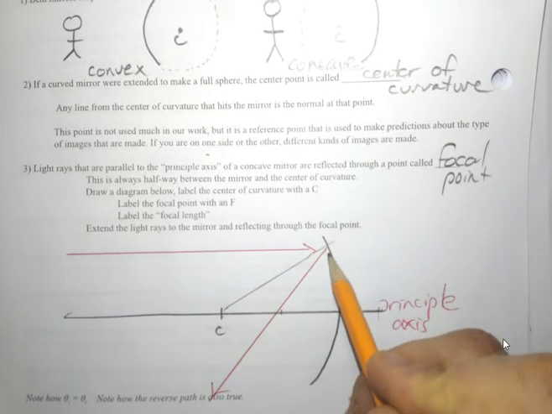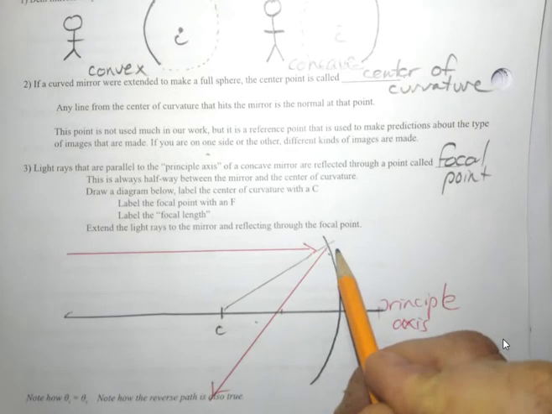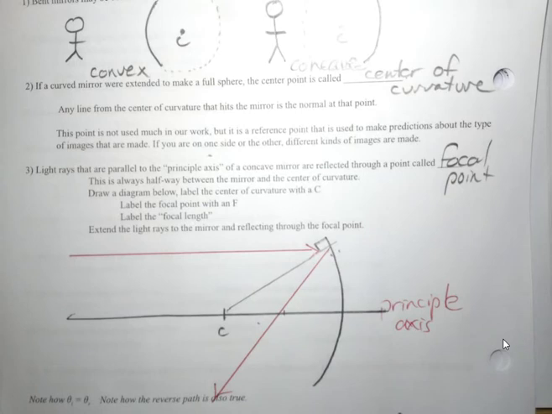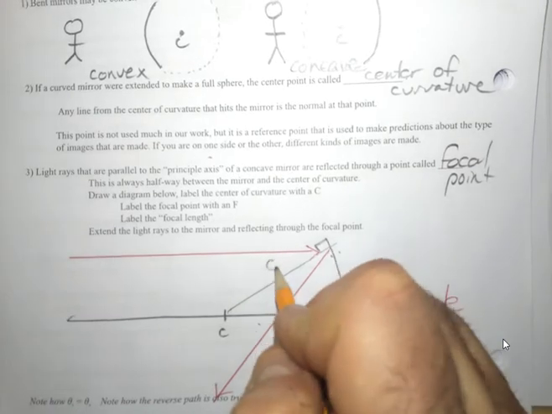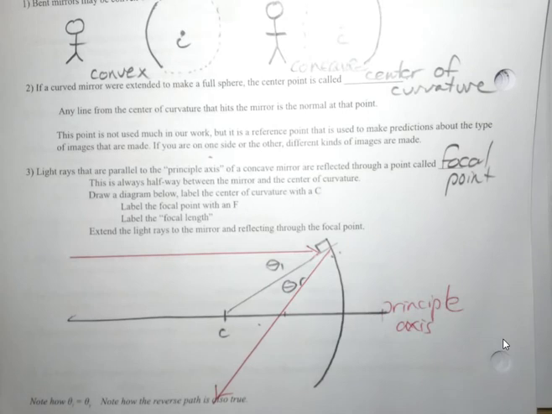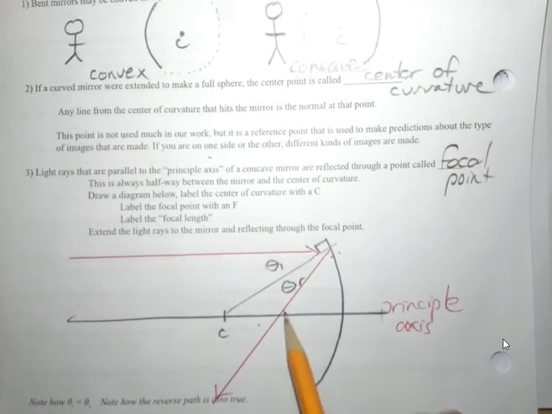What do we call a line that goes from the center of the circle to the circle itself? Radius. The radius is always perpendicular to the surface there. Remember, perhaps you're talking about tangents in geometry class, and the radius is always perpendicular to the tangent at that point. Okay, so here we have the incoming angle and the reflected angle. Those are equal. So by this path, it's going to get bent down through that spot on the axis.